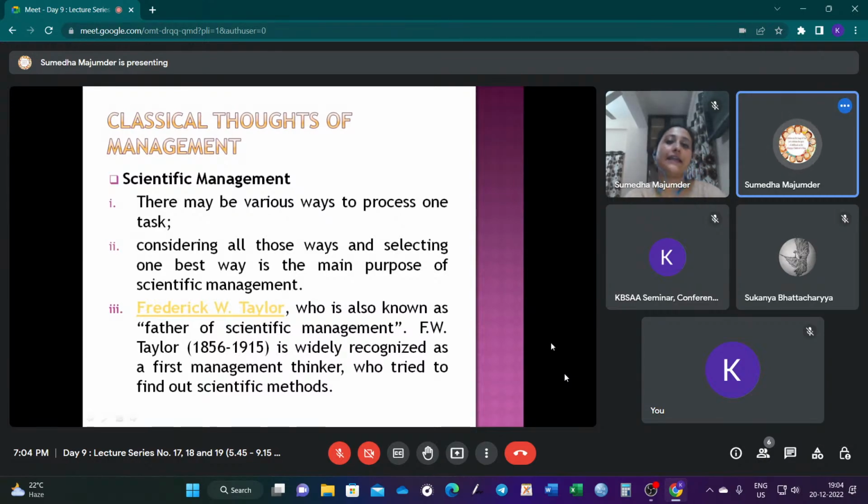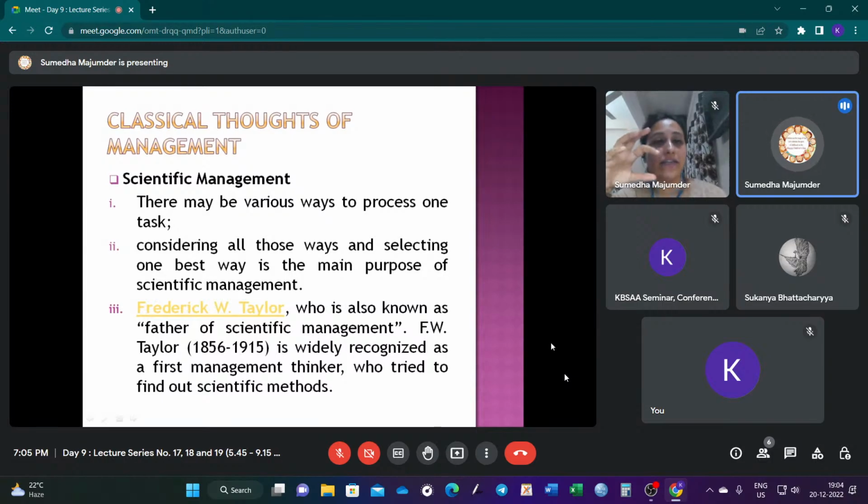Scientific management is nothing but a particular process. Under this process, the segregation of the several tasks of the business is the first criterion, and allocating that particular task to the right people is the basic essence of the scientific thoughts of management.